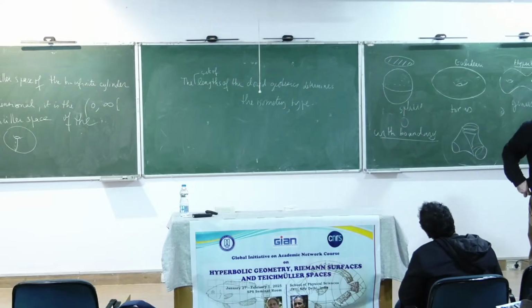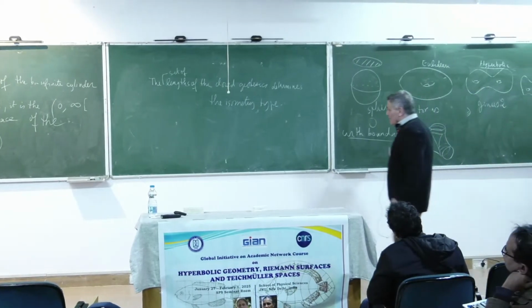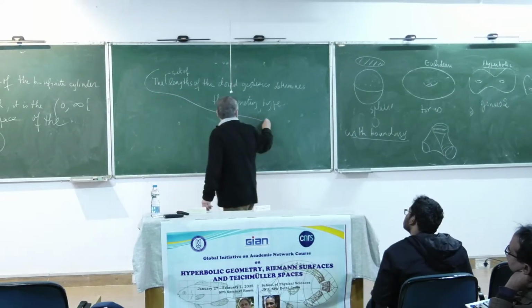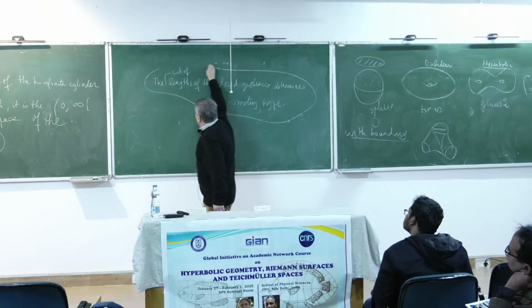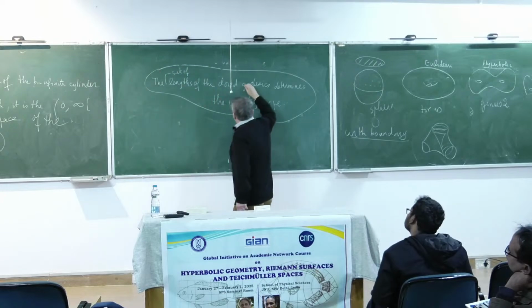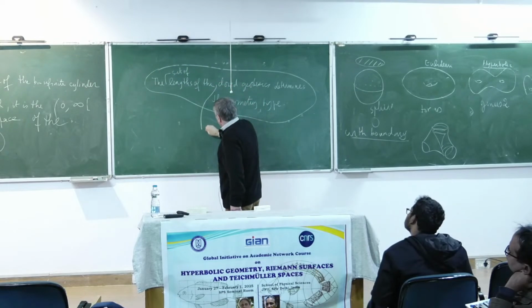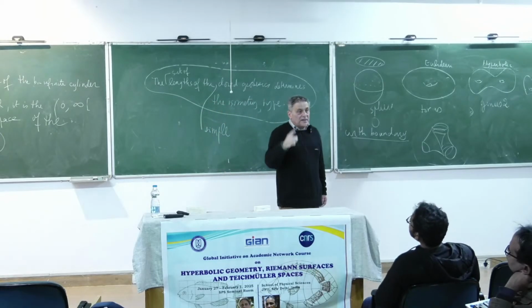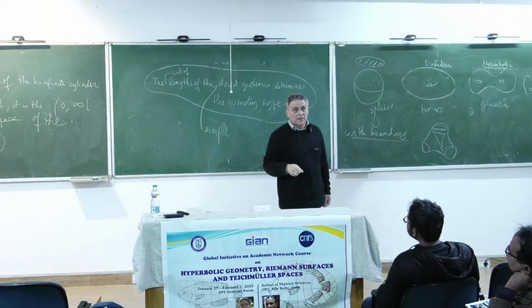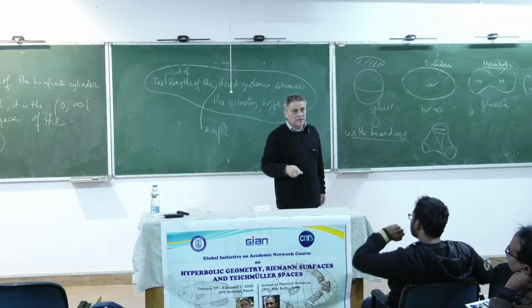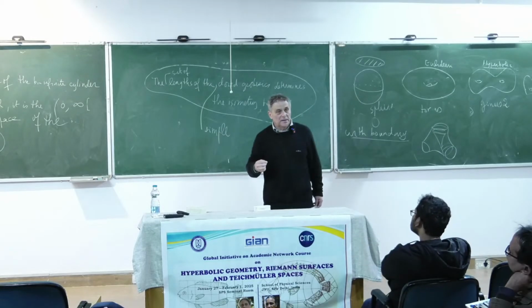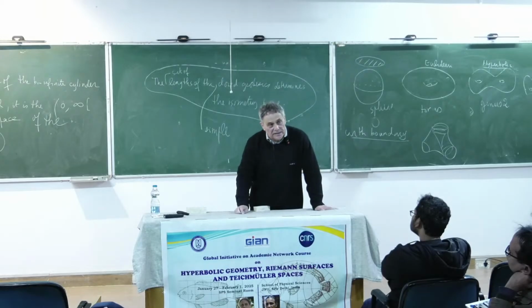I have to think about it. The thing is that this is very important for what I will say later. And in fact, you may add here the word simple. Simple closed geodesics means without self-intersection. The embedded ones, the ones which embed injectively, the geodesics which are embedded injectively.